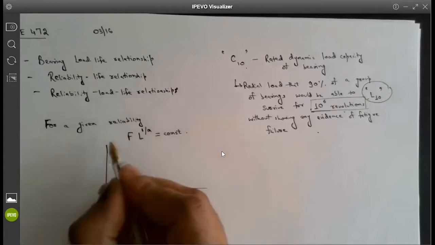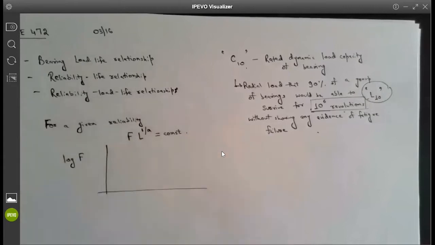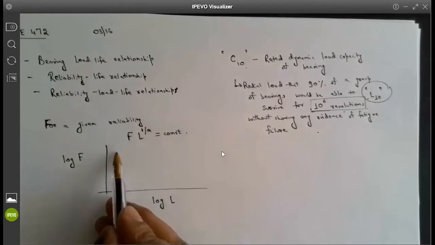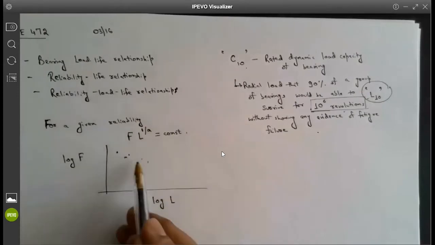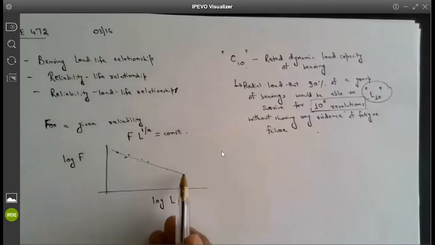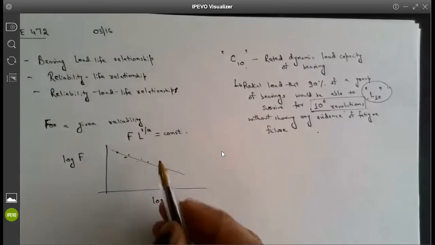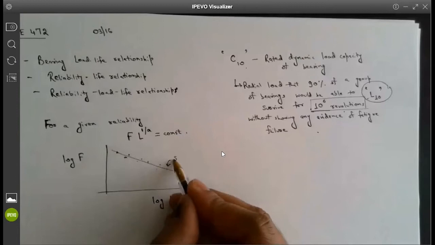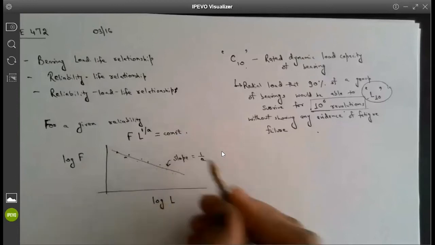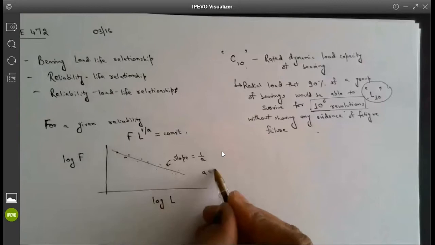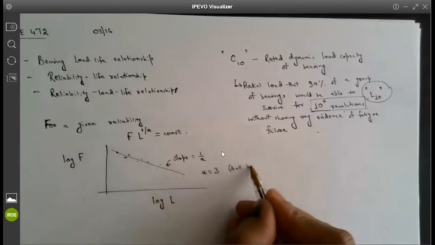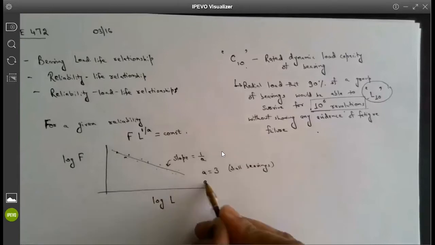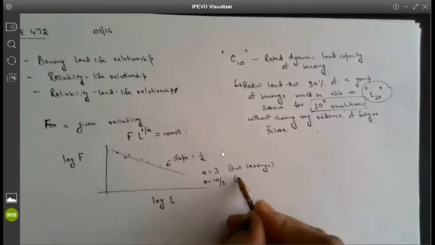Which means if I plot the logarithm of F, the radial load, on the y-axis and the logarithm of the life on the x-axis, then my data points for the failure of the bearings will lie on a straight line, whose slope is given by 1 over A. A is a constant, which is 3 if you are using ball bearings, and 10 over 3 if you are using roller or cylindrical bearings.